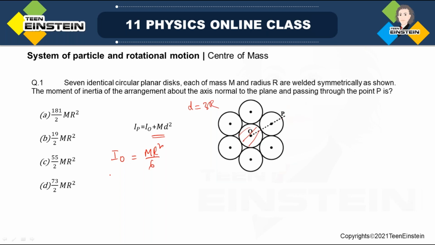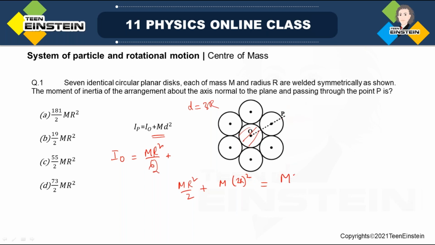Then, I'm just writing the second contribution, 6 into: this is the moment of inertia of this particular disk about this O. This will have MR square by 2 plus M into 2R whole square.